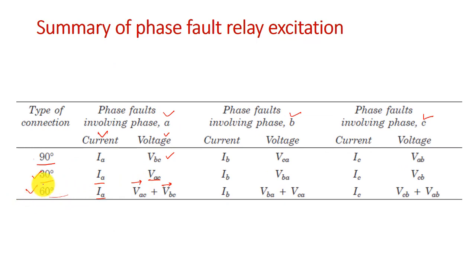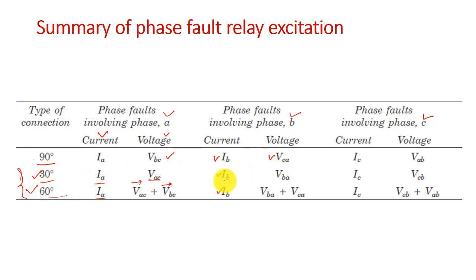These two, the 30 degree and 60 degree connections, you can check with the phasor diagram at home, and if you have any doubt, you can ask me. Similarly, for phase faults involving phase B, we choose current IB for the current coil, and for the pressure coil we choose VCA, because VCA makes an angle of 90 degree lagging to IB. That is known as 90 degree connection.